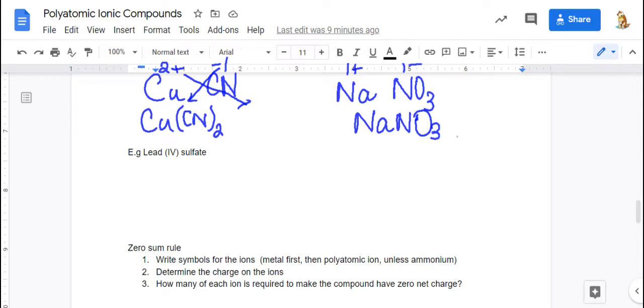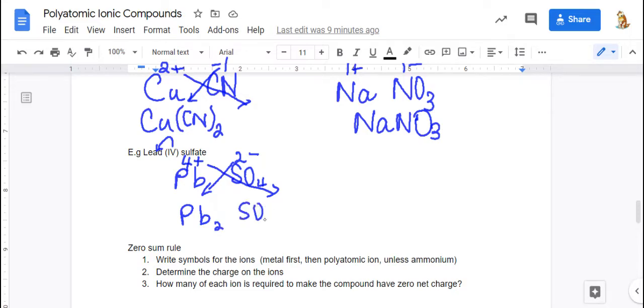Lead(IV) sulfate. So lead is Pb, and it's 4+. That's what the Roman numeral 4 means. And then sulfate. Sulfate has a charge of 2-. So cross and drop, and we get Pb2SO4. The 4 stays with the oxygen.